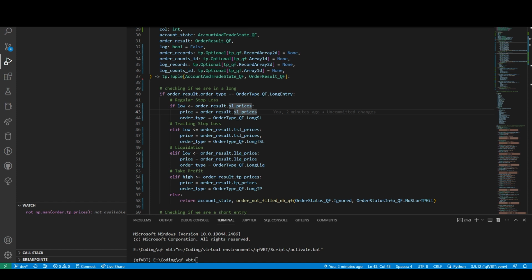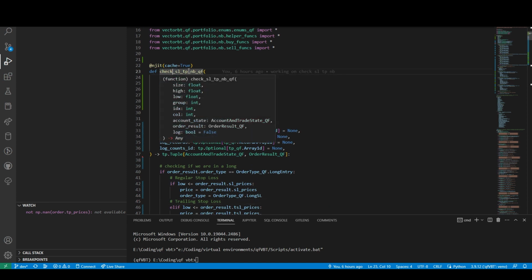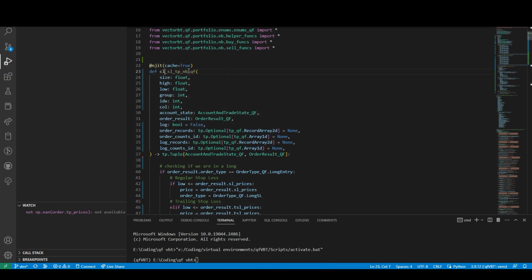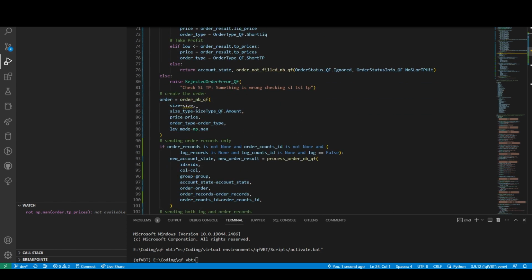So what we're going to have to do is change this to close trade position, stop loss, take profit. There's going to be no size, because size is going to be infinite.